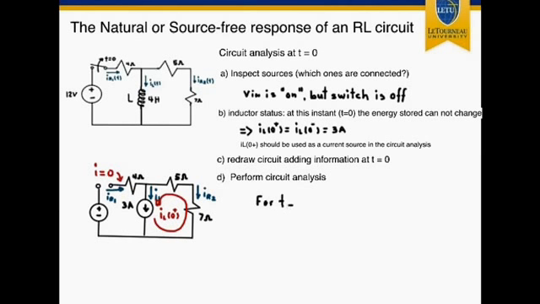So for t equals 0, I sub R1 of 0 plus is going to be 0, I sub L of 0 plus is going to be 3 amps, and I sub R2 is equal to minus 3 since the current flows in the opposite direction of the flow of the inductor current.